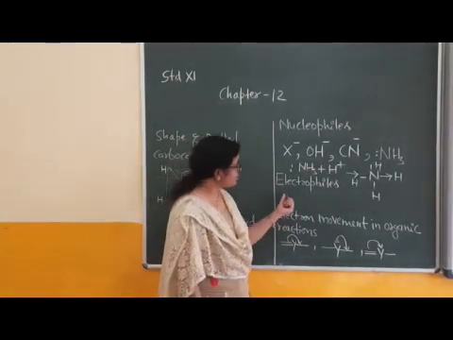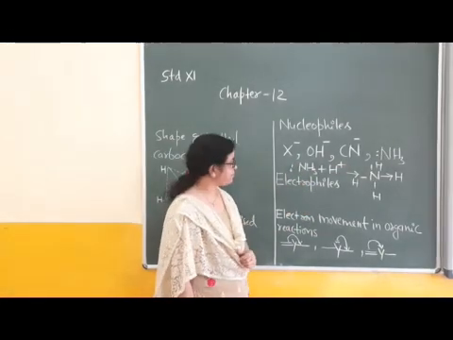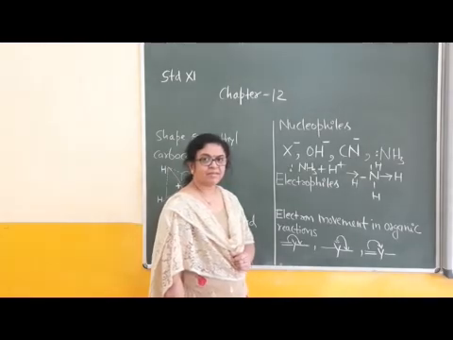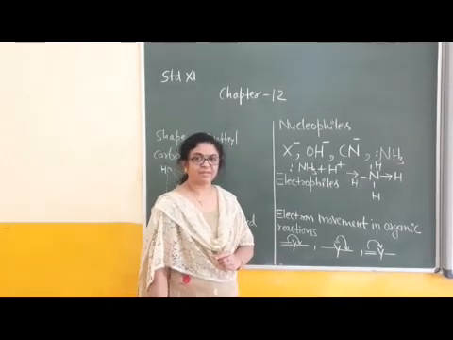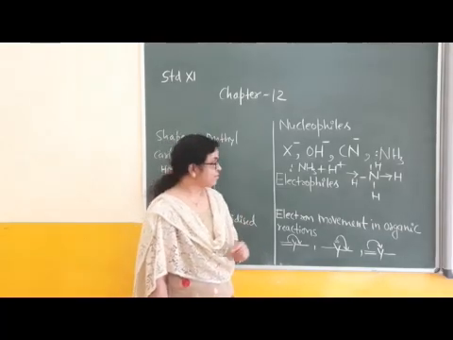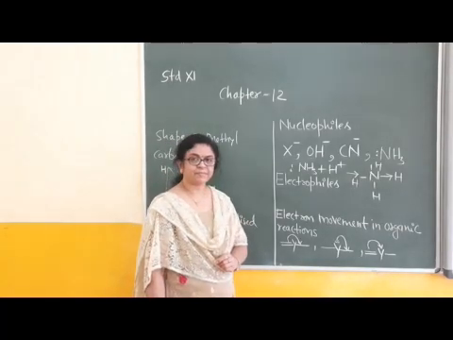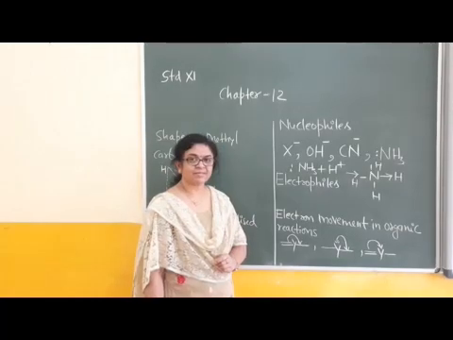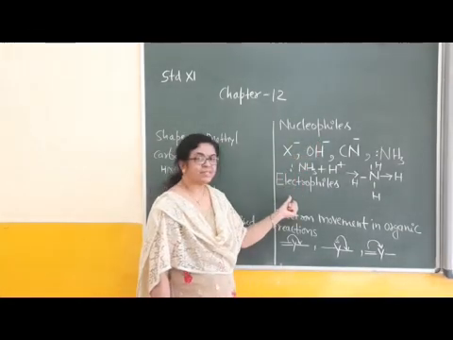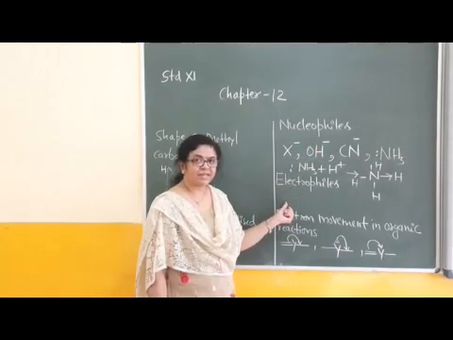Okay children. Next is electrophile, just opposite. All cations act as electrophile, or electron deficient species act as electrophile, or Lewis acid. Lewis base acts as nucleophile and Lewis acid acts as electrophile.